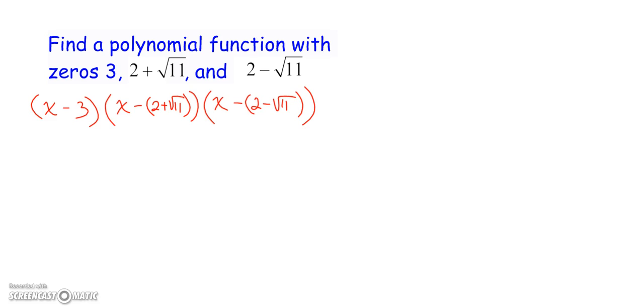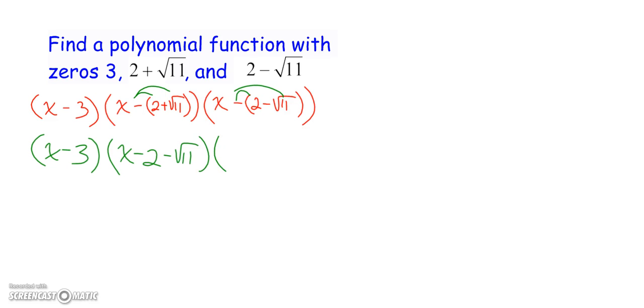Okay, this looks a little bit tricky, but there is a big shortcut that I can show you here, and it revolves around distributing these minus signs. So keep the x minus 3. We're actually not going to touch the x minus 3 for quite some time. So I'm going to rewrite this as x minus 2 minus radical 11.